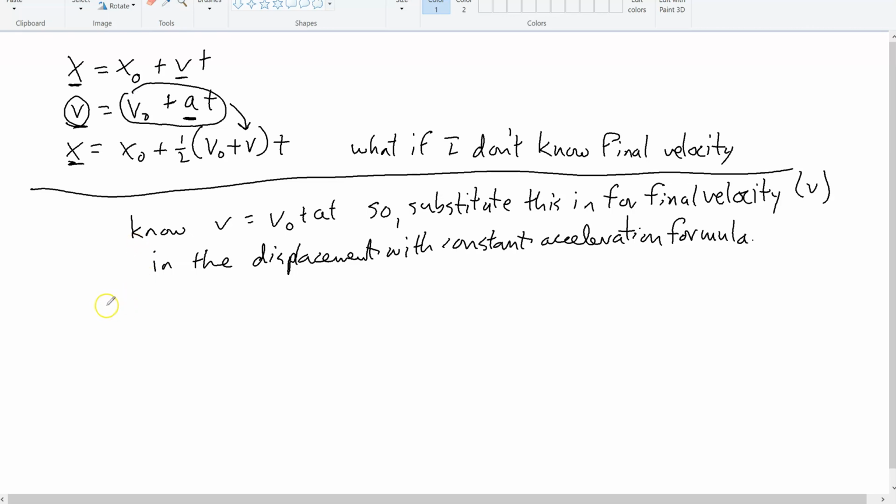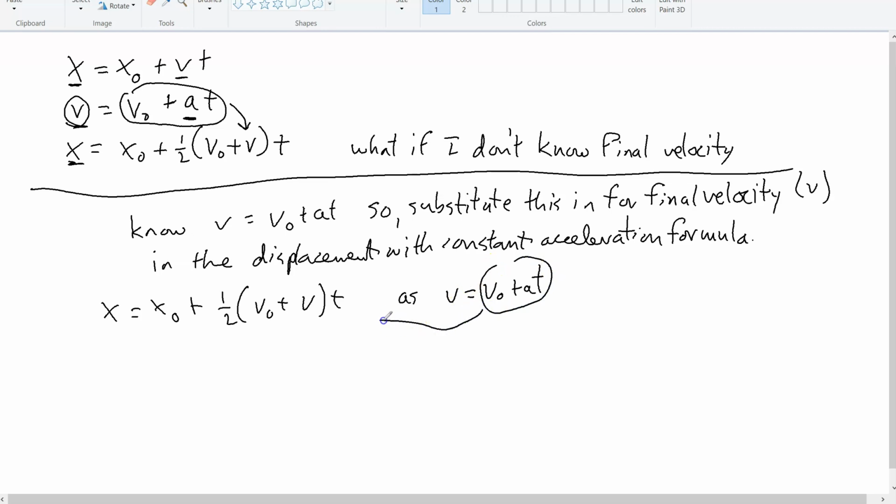Let's say we know that x equals x0 plus 1/2 V0 plus V times T. And now I'm going to substitute in this for this.